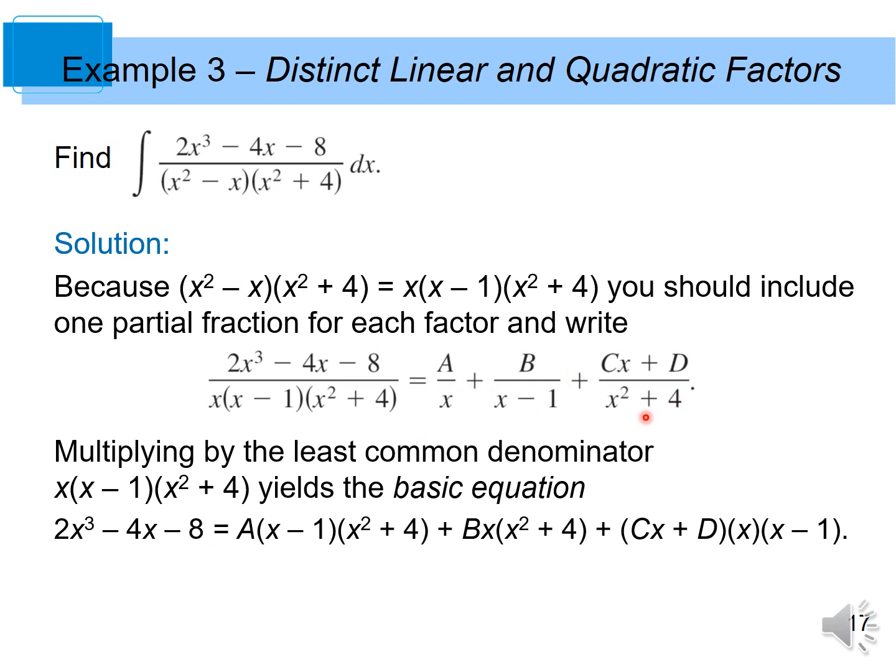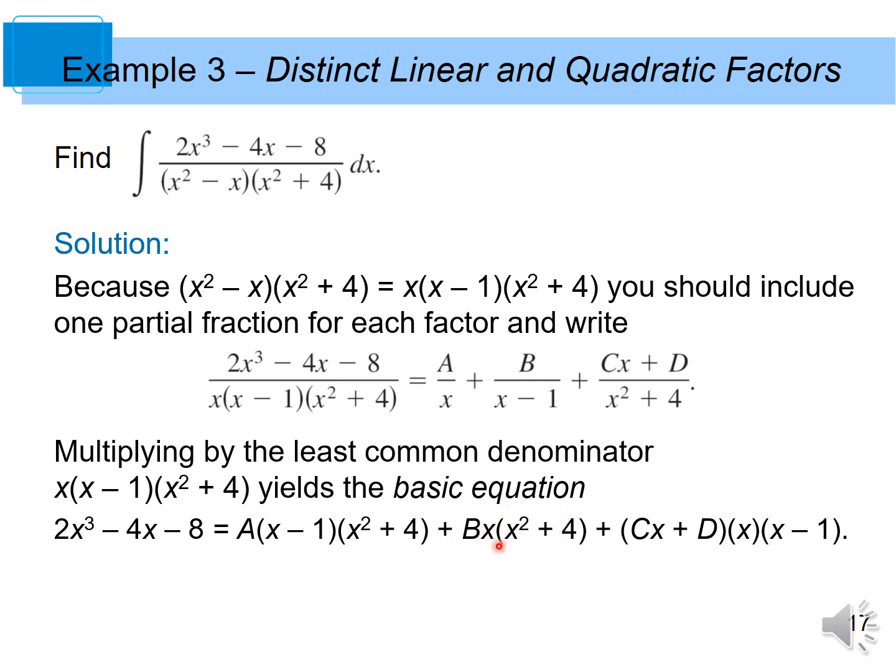And the right side, for the first term, the x and the x here can be simplified. So the A will be multiplied by x minus 1 and x squared plus 4. But for the B, the second term, if we multiply by this whole thing, the x minus 1 can be cancelled. So the B will multiply by x and x squared plus 4.